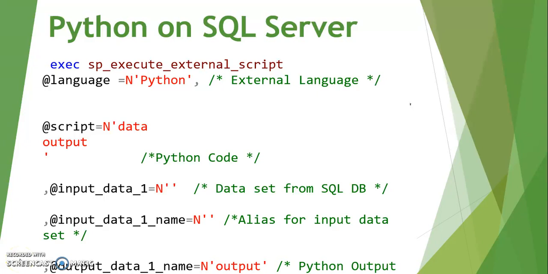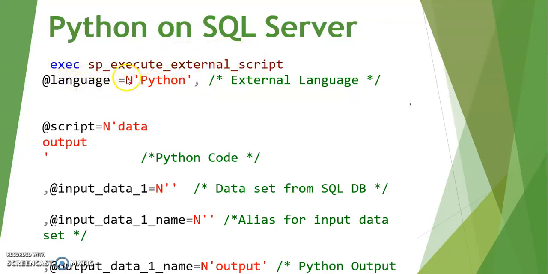Okay, first of all we need to know the sequence or the order to execute Python on SQL Server. Here you can see the code template that we can use to do it. The first part is this code, and here we inform SQL Server that we are going to execute an external script.